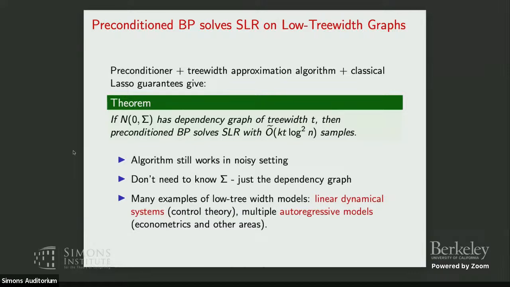So for constant tree width, you're doing really well. And constant tree width models are relatively common. They arise, for instance, in linear dynamical systems and autoregressive models, where let's say you have time series data and you say, okay, the next variable only depends on my past 10 events, and then there's some randomness. Those are also called structural causal models. So in all of those things, you might get something like this.